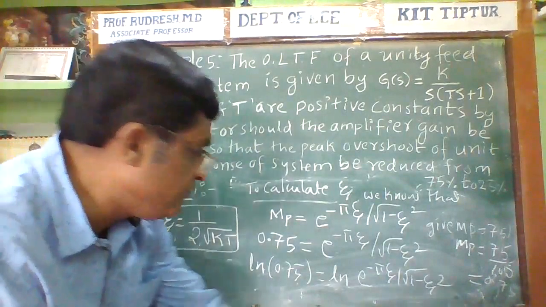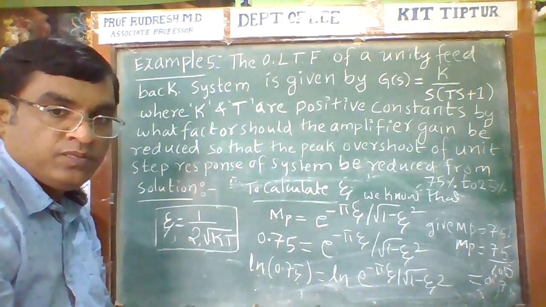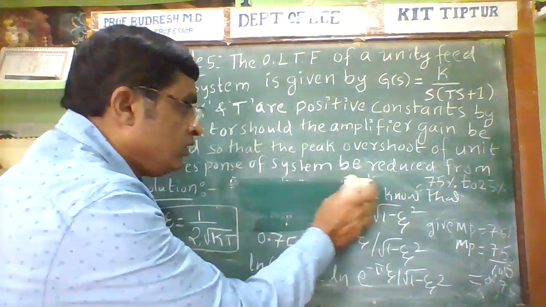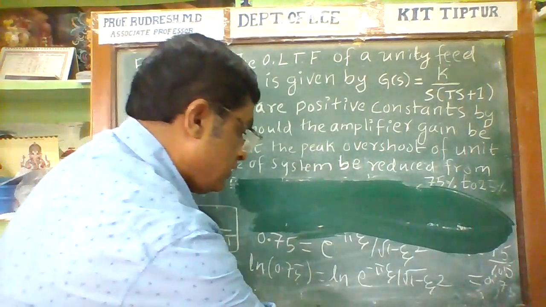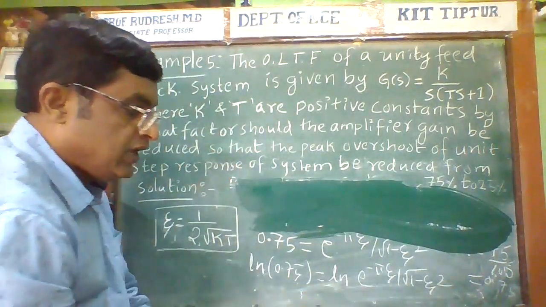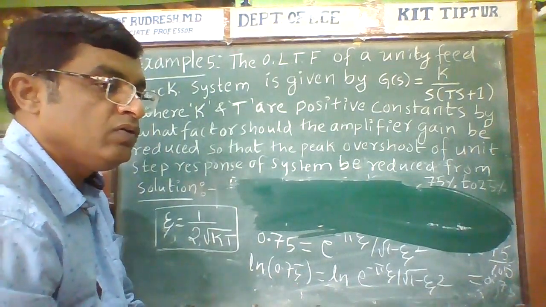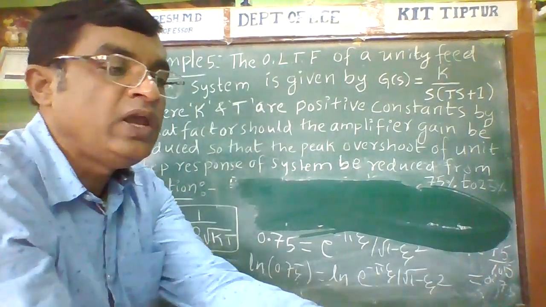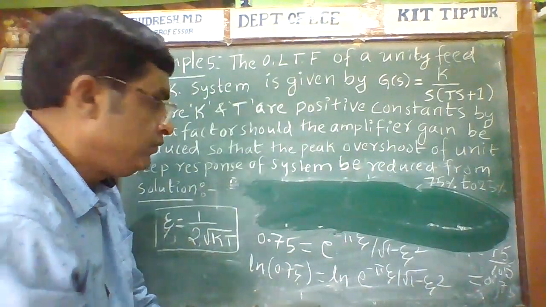Now if you simplify this, squaring on both the sides, and taking the natural logarithm, what will be the value? Then what will be the value of this new gain? Now, the 0.28.